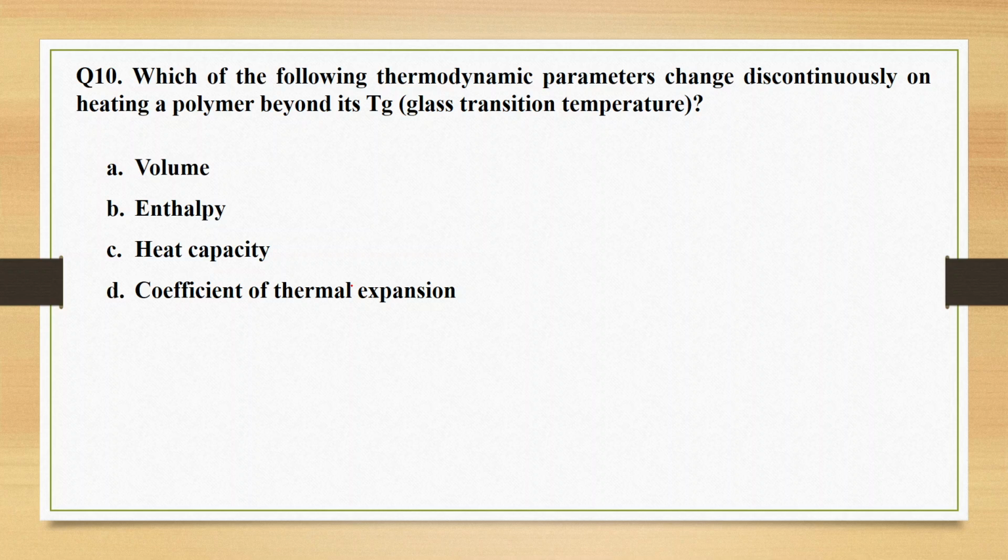Okay, so this is the next question. It states, which of the following thermodynamic parameters change discontinuously on heating a polymer beyond its glass transition temperature. There are 4 thermodynamic parameters given below. Which of them change discontinuously on heating above Tg?